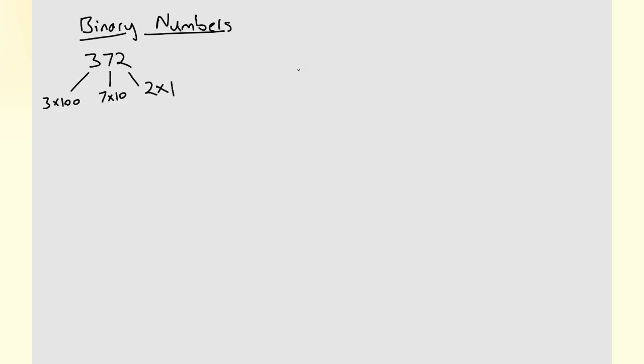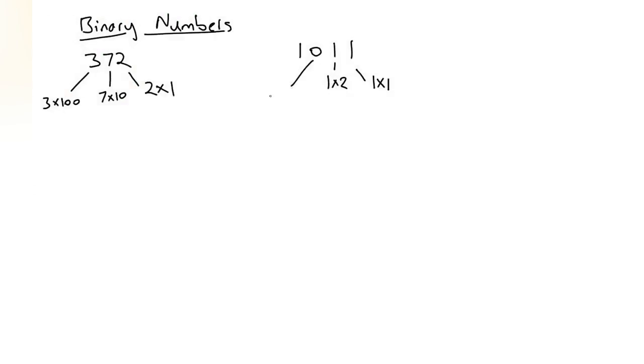And the binary number system is really simple. It's really similar. We just use noughts and ones. There are only 2 numbers in it. Let's take a number like 1, 0, 1, 1. What does that mean? Well, here we've got 1 times 1, just as in the decimal system. But instead of 1 times 10, we've got 1 times 2. And here we've got 0 times 2 times 2, in other words 0 times 4.